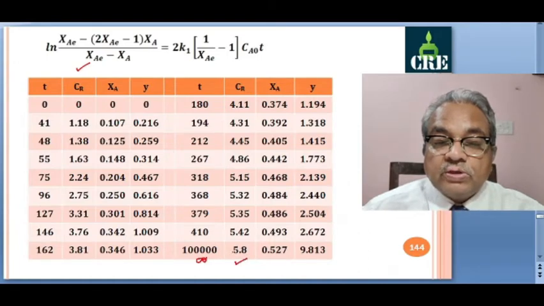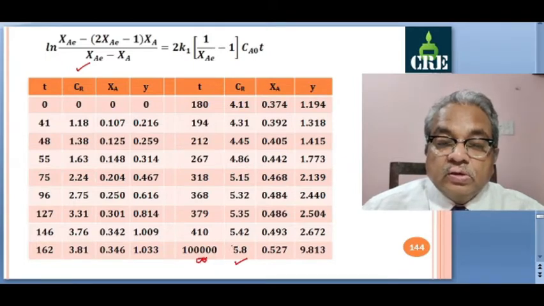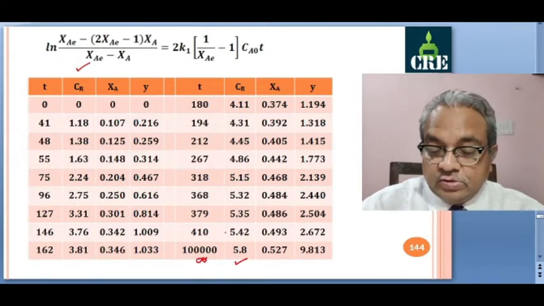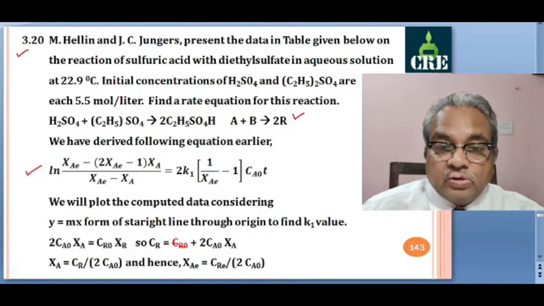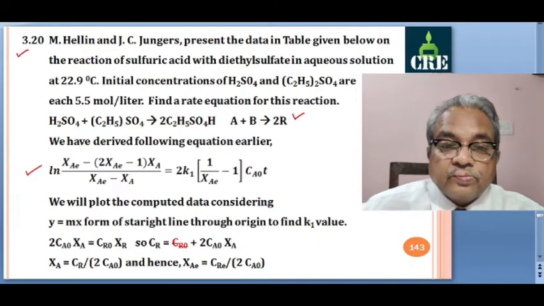If complete conversion is there, then it is an irreversible reaction. At t tending to infinity, conversion would be almost 100% or 99.9%. This is not the case. So the reaction is reversible.